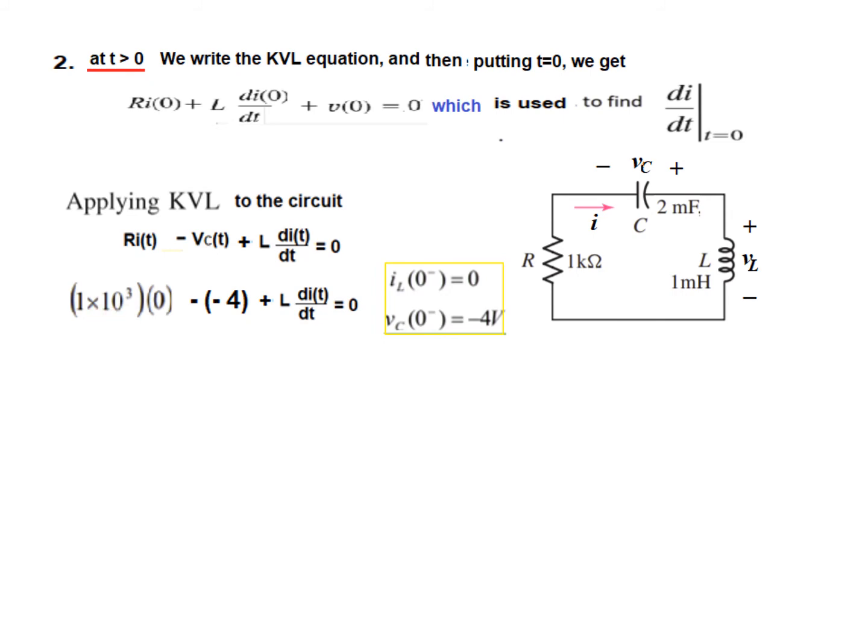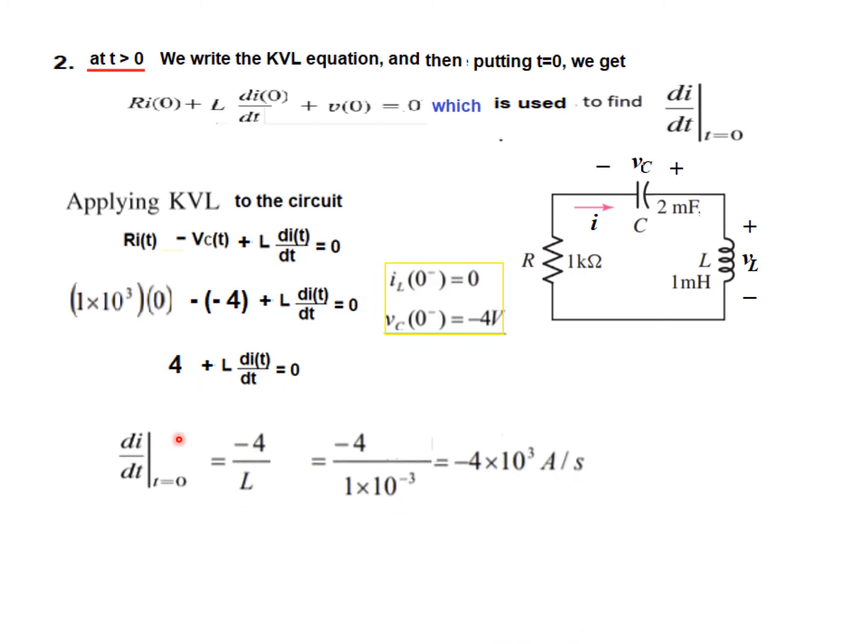This is minus, and Vc was minus 4, so minus, and L di/dt. From here, L di/dt is minus 4 over L, putting in the value of L and solving, di/dt at t equal to 0 is minus 4 into 10 raised to the power 3 amperes per second.